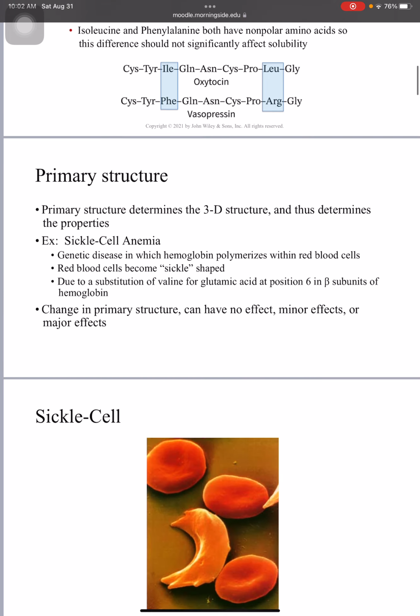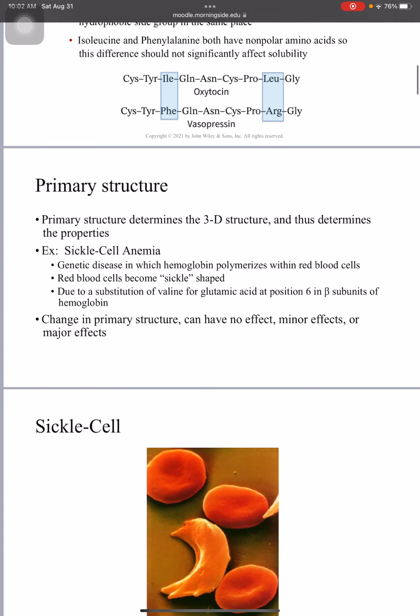Another good example is in a condition called sickle cell anemia, and you've probably heard of this. I'm willing to bet you talked about this in genetics before. Of course, sickle cell anemia is a genetic disease which causes red blood cells, which are normally sort of this disc shape, to accumulate in more of what we call a sickle shape, right?